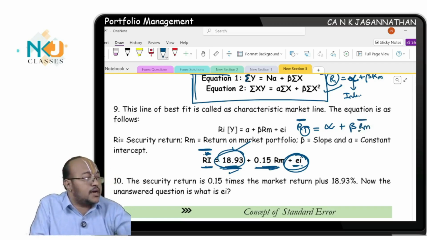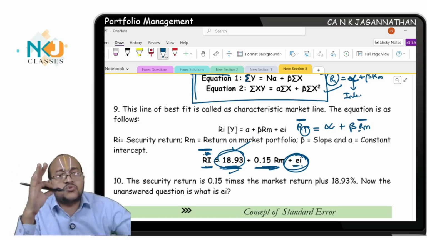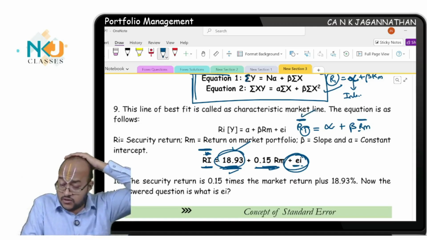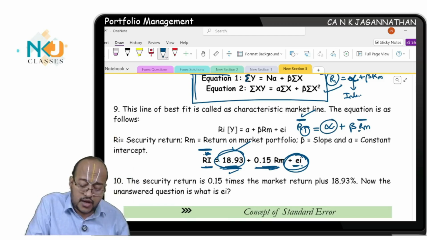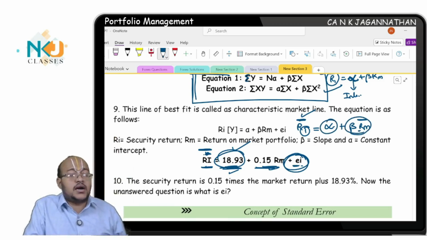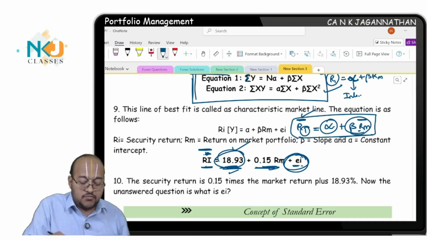The mean return of the market you should consider and not the actual return of the market. Now you have 3 years of data, correct? You find the return of the individual security, and you need to find the mean return of the individual security, wherein you have alpha and beta times the Rm. So the return of the individual security as per the characteristic market line is nothing but alpha plus beta times the Rm bar.